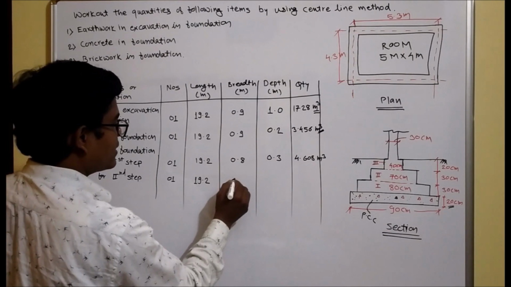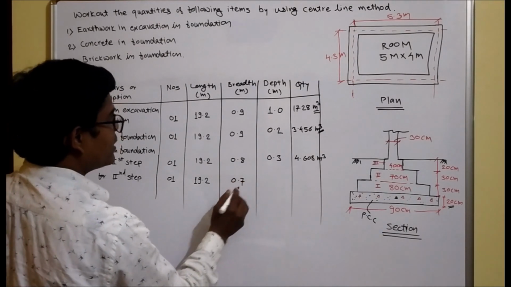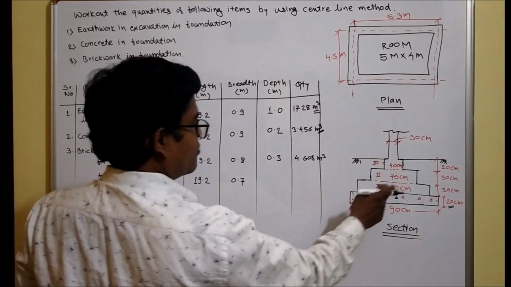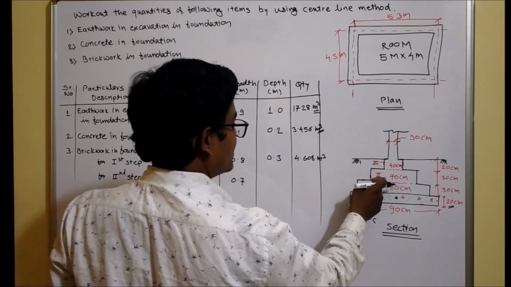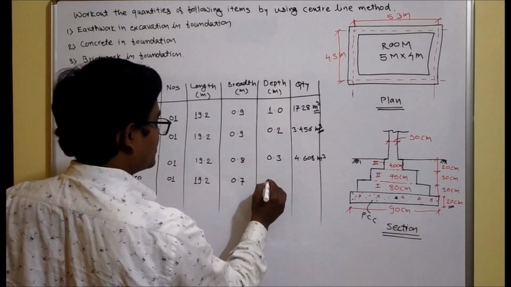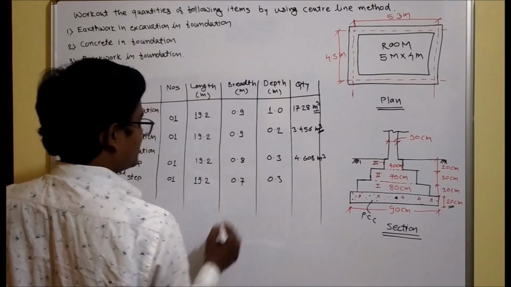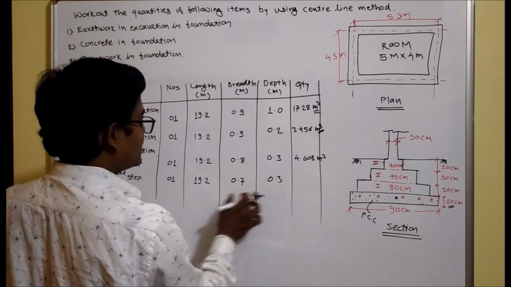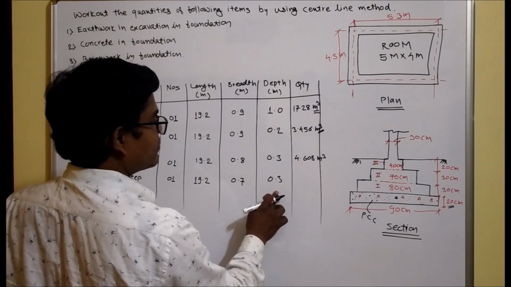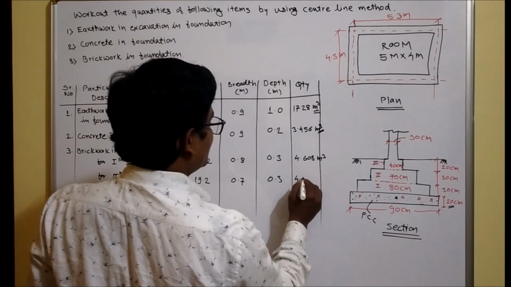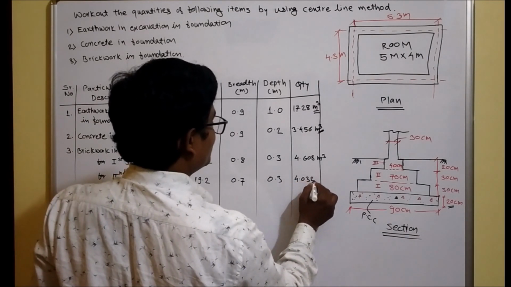So I will write here 0.7 meter. And what is the depth for this step? 30 centimeter, 0.3. So after multiplying this, we will get 4.032 cubic meter.